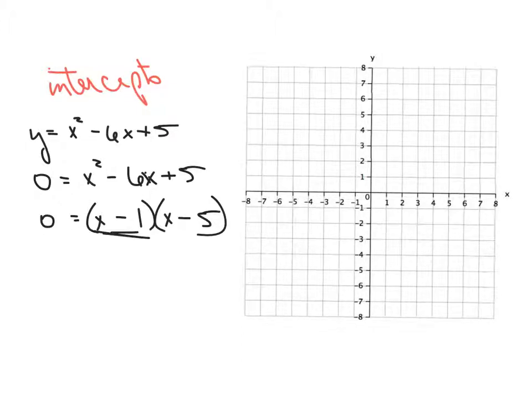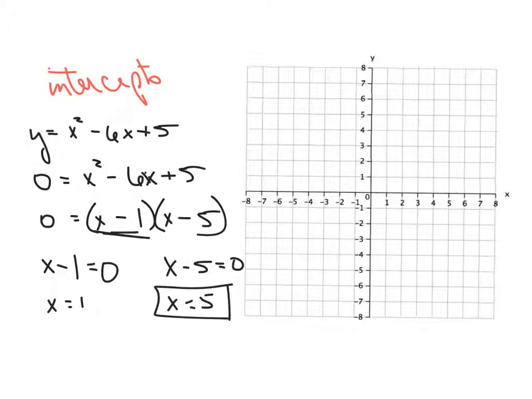So we set that equal to 0, and we set x minus 5 equals 0, and we find out that x equals 1 or x equals 5. Those two numbers that we get here are where the graph crosses the x-axis, at 1 and at 5.